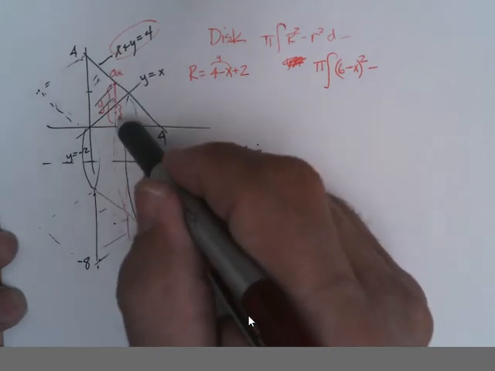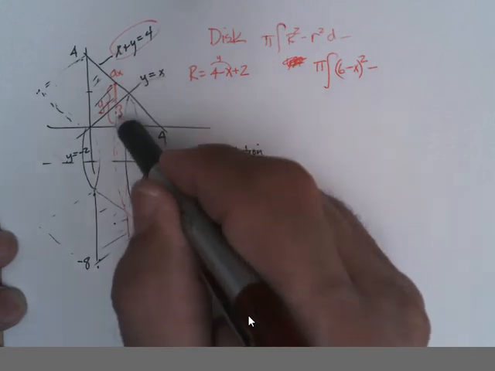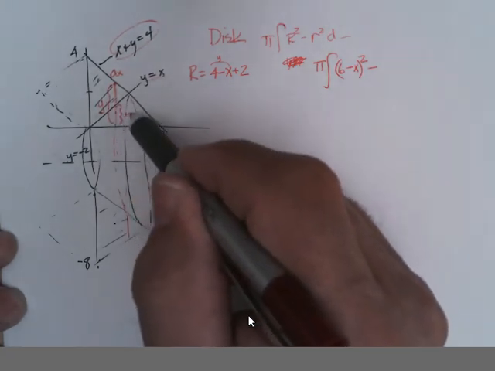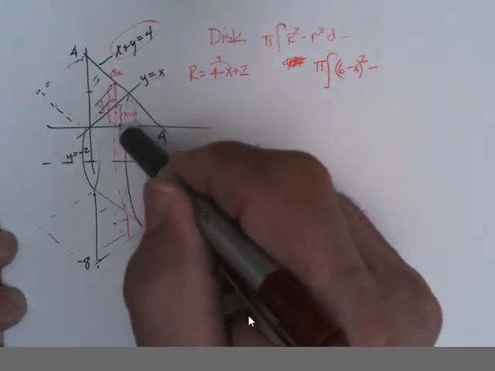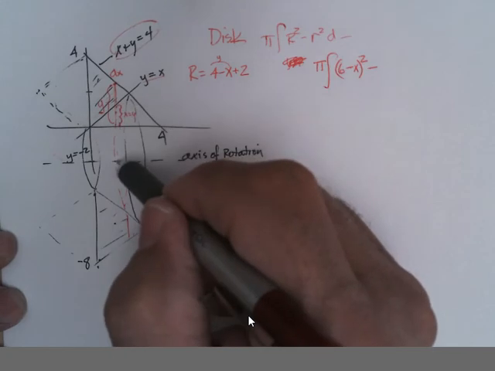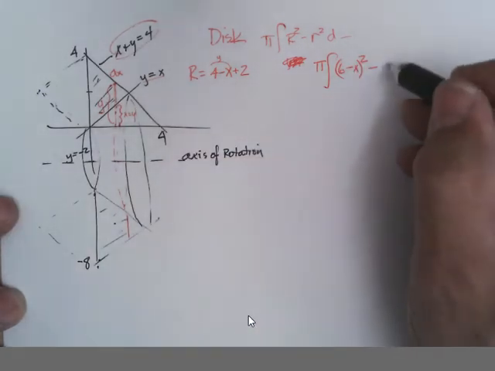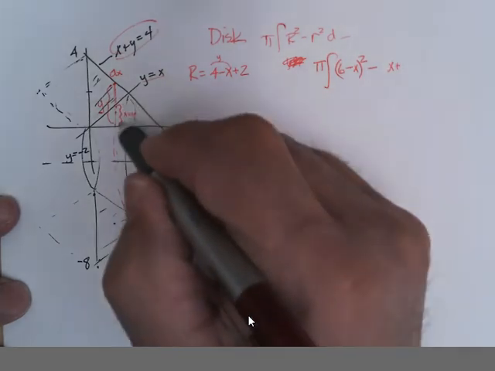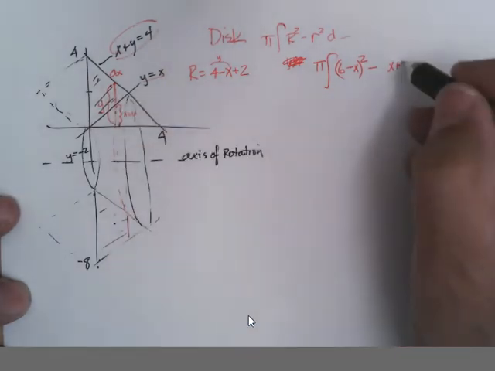In this case, the y and x are the same, so x is equal to y. So this is y, but we have to add 2 to that. So it'll be y plus 2, which is going to be x plus 2.